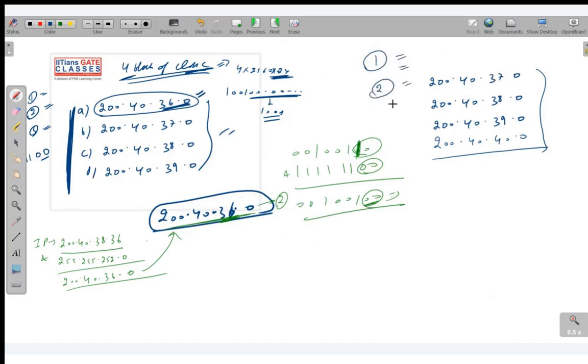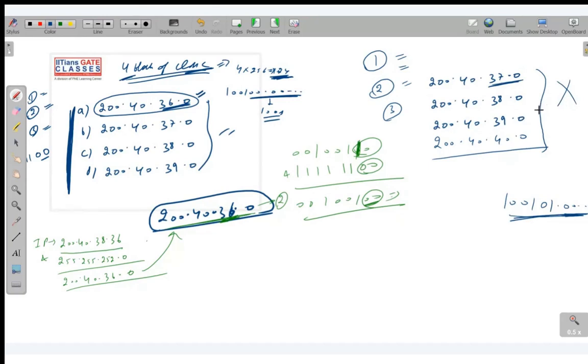The third condition was that the first address should be divisible. So here the first address is not divisible by the total number of IP addresses demanded. The total number of IP addresses demanded is 1024, but 37 is 100101, and at the end we have 8 zeros. So this address is a multiple of 256, not a multiple of 1024. So these four blocks cannot be combined. Now see the reason why we are not able to give it.